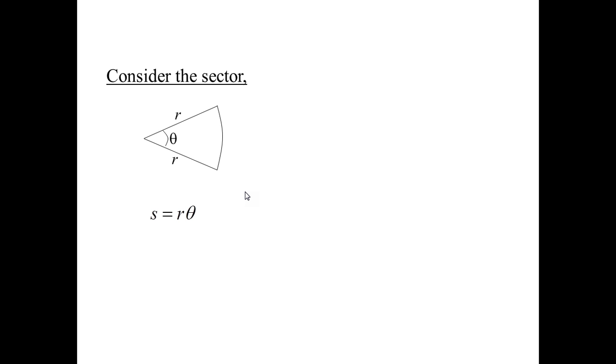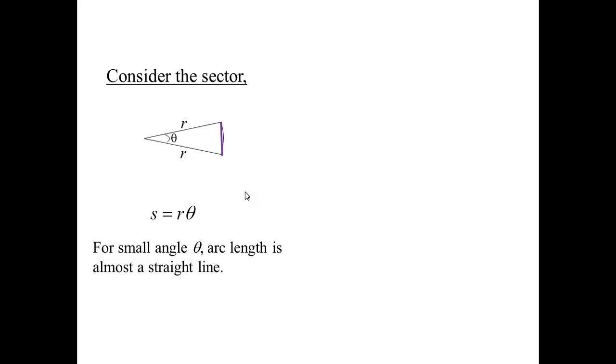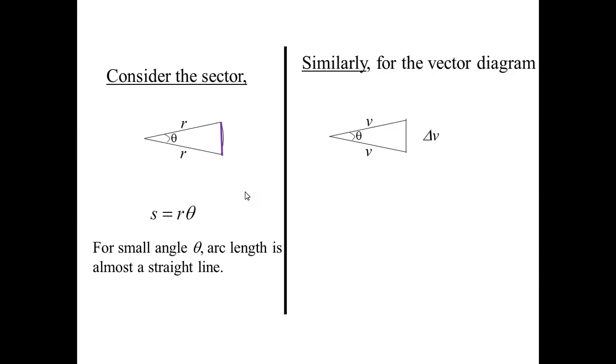Let's consider the sector, which is part of a circle. We know that the arc length s will be equal to r theta. If the angle is very small, the arc length will be approximately a straight line. So for a small angle, the arc length is almost a straight line, and the arc length equals r theta. Making use of this, I refer to the vector diagram we have, with the two velocities Va, Vb, as well as the change in velocity.